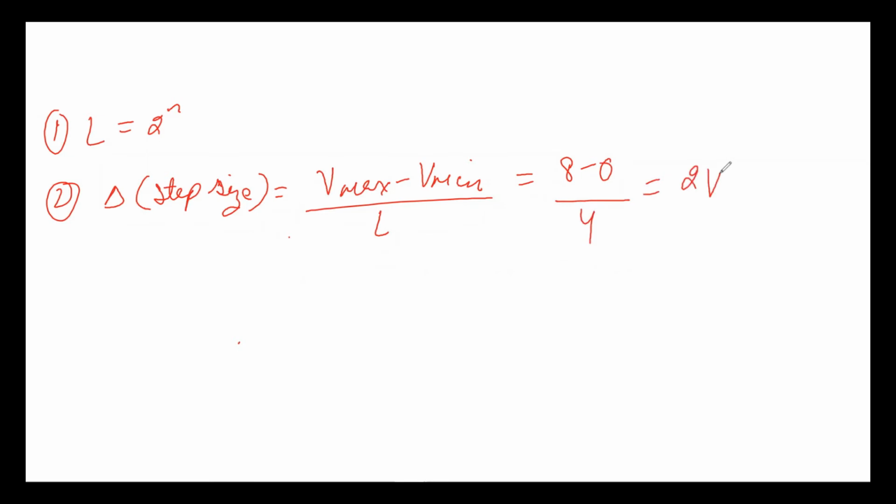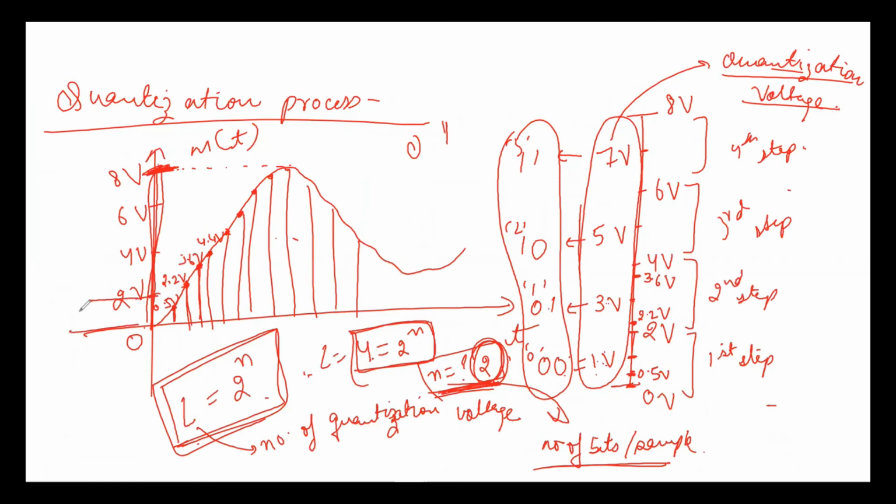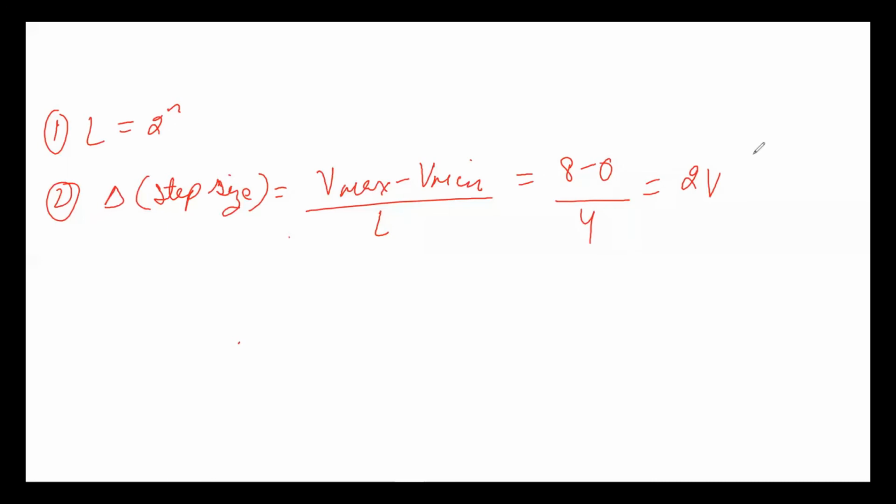So my step size is 2 volt. You can see the step size here, this step is 2 volt, and this is again 2 volt. So delta is your step size.